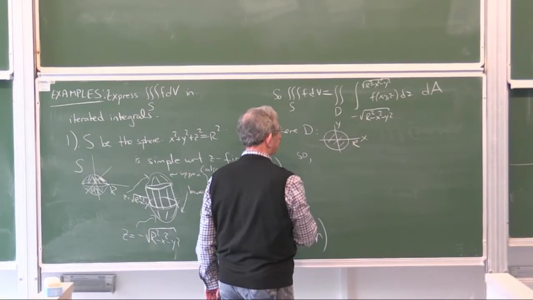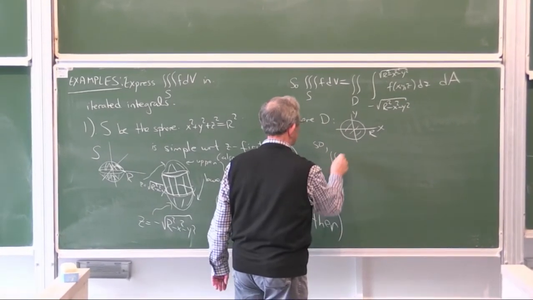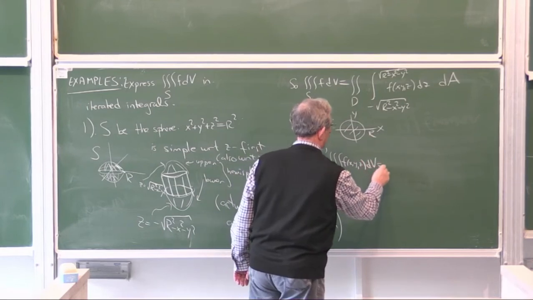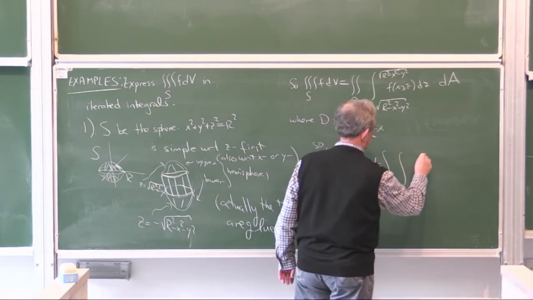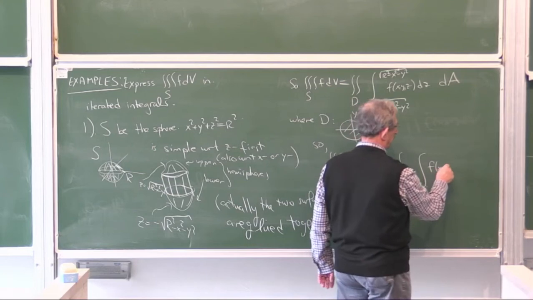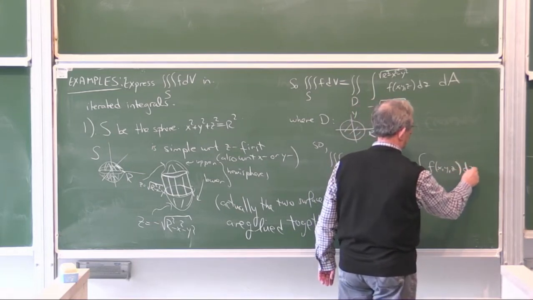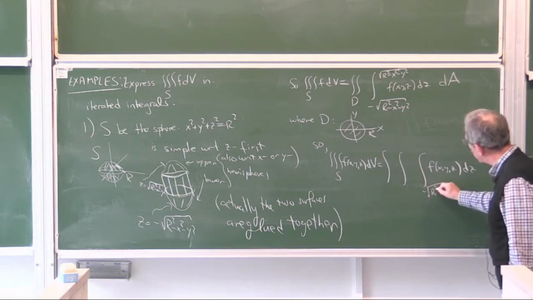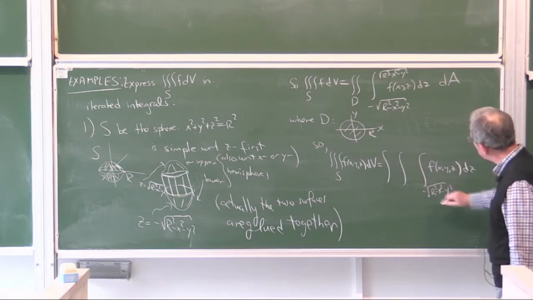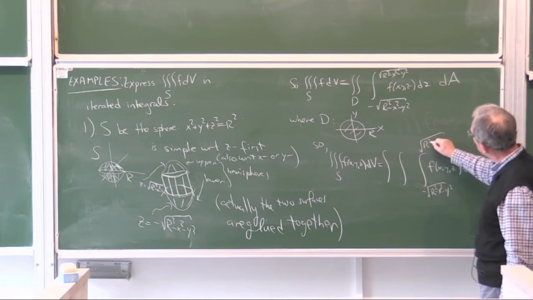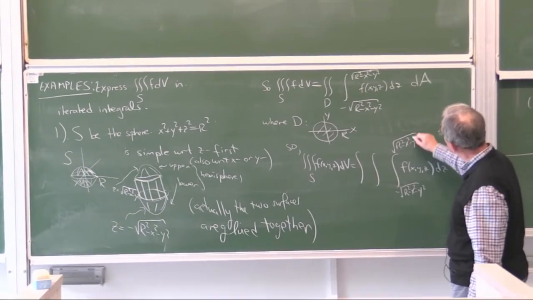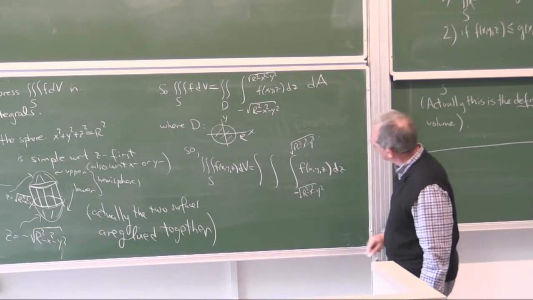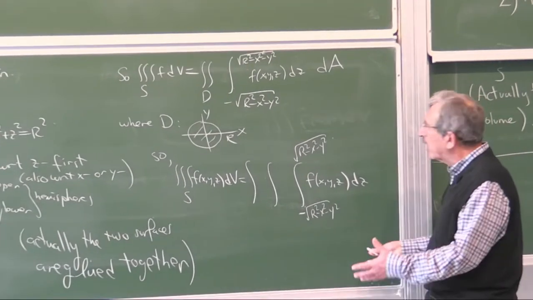So let me write it completely. z changed from minus root r squared minus x squared minus y squared up to the positive root r squared minus x squared minus y squared, one negative root, the other the positive root. Now, after that, you have many choices.